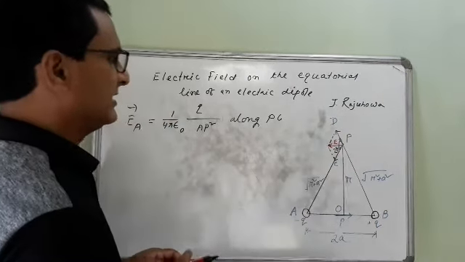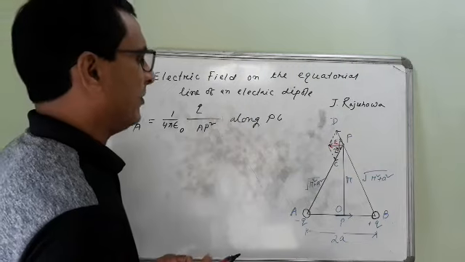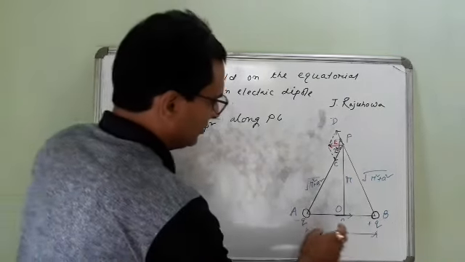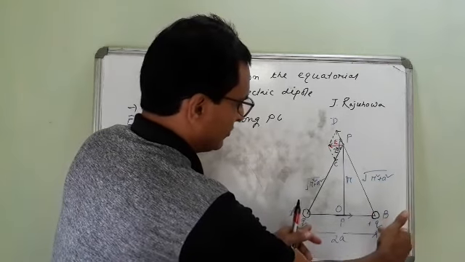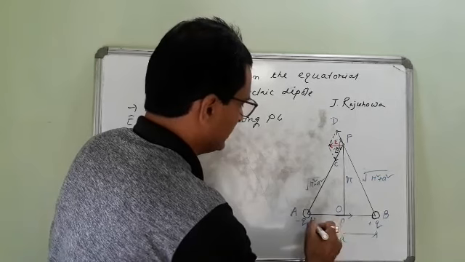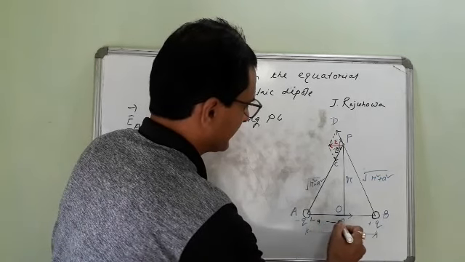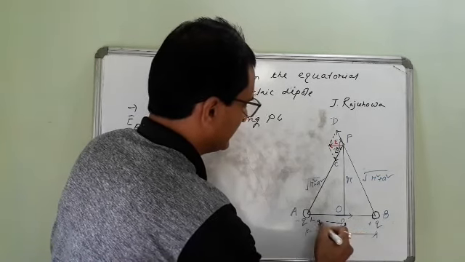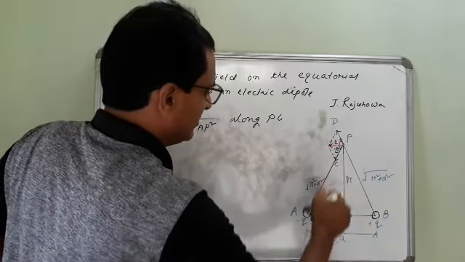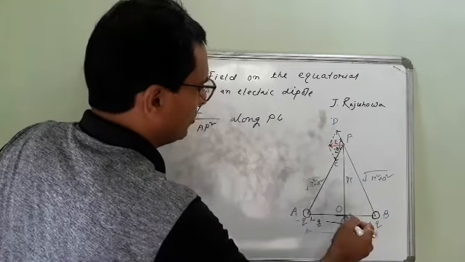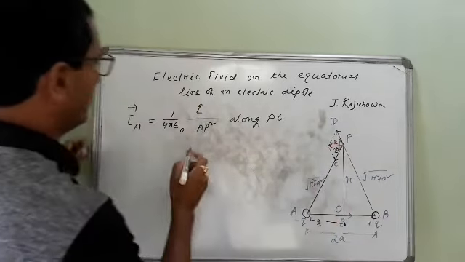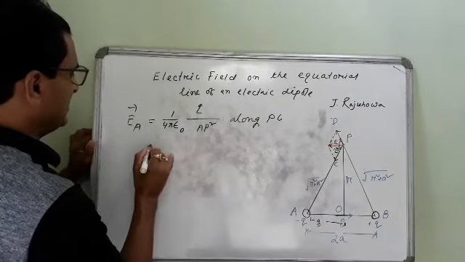Okay. Now what is the value of AP? AP is the distance of the point P from the charge minus Q. Here we know twice A is the dipole length, so half of the dipole length is A, so this distance is A. Okay, this distance is A and this is R. In this right angle triangle APO, if this is A and this is R, AP will be root over R square plus A square.